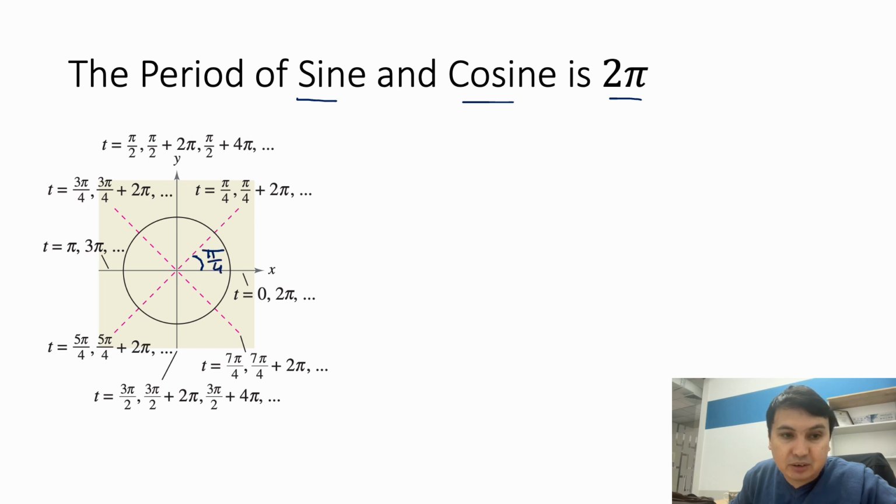But if I make a full rotation plus pi over 4, if I come back to here again after a full rotation, what do I get? I get the same coordinate again, but now I have a different angle. What is the angle? It's pi over 4 plus 2 pi, right?